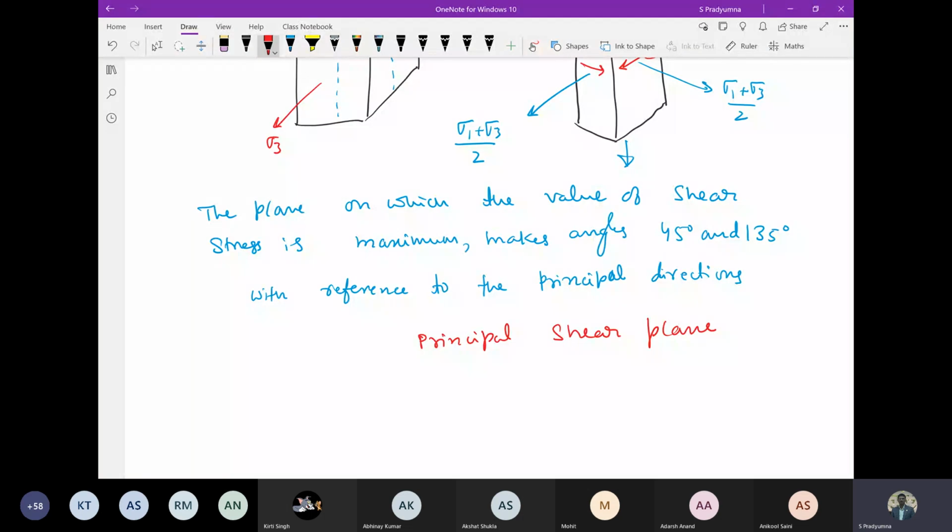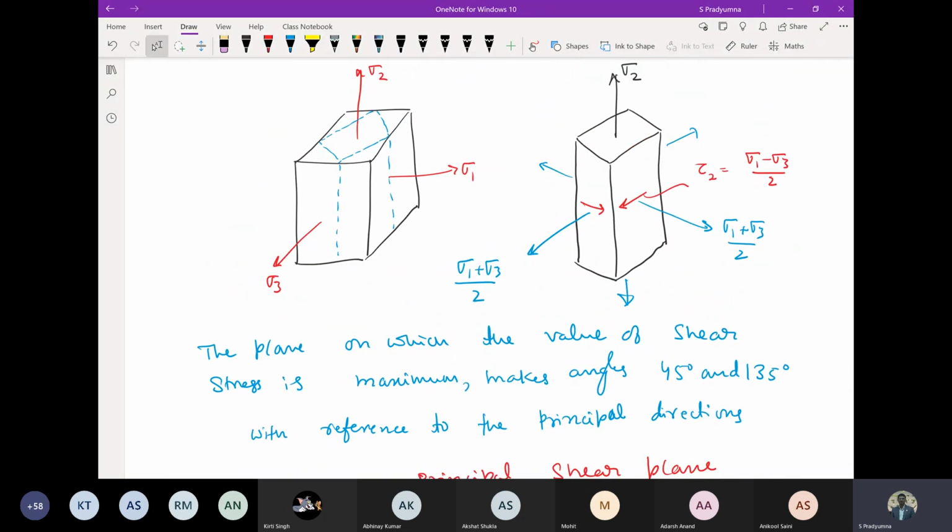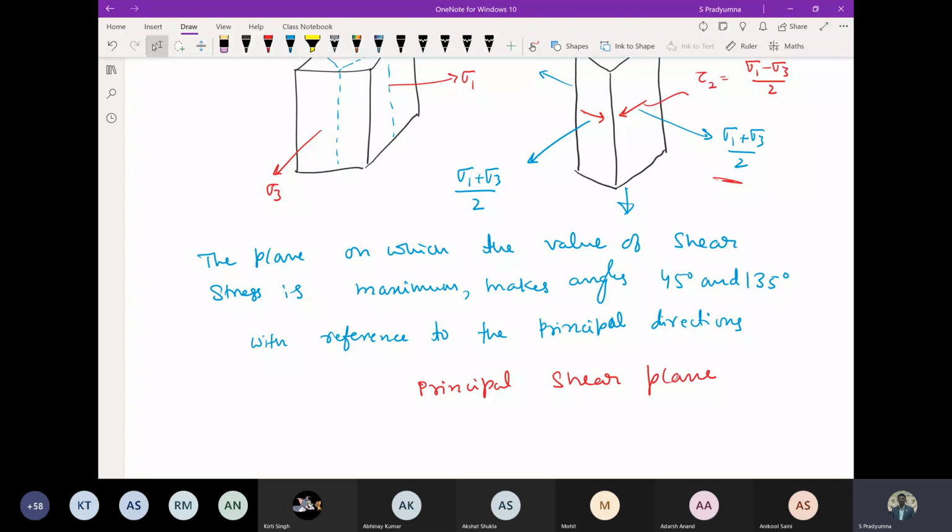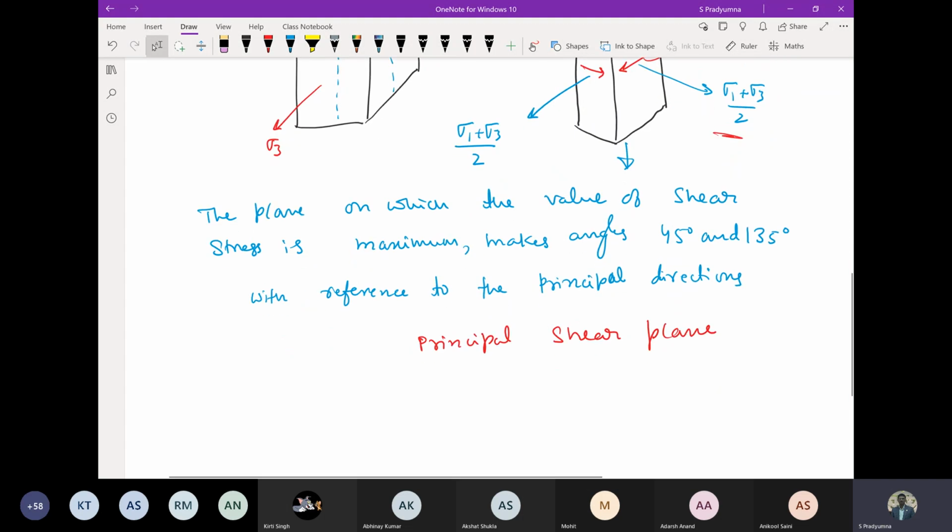For example, sigma 1 here is the principal direction, and 45 degrees to that direction I have the principal shear plane. The normal to that makes an angle of 45 degrees or 135 degrees with respect to the principal direction sigma 1. So this is the definition of this.